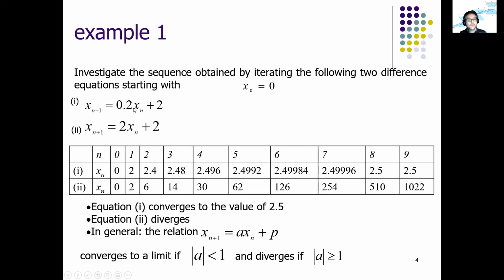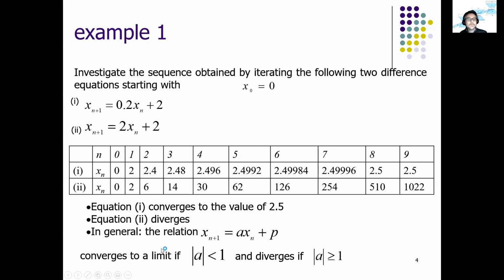So the first equation will allow the sequence to converge to one value, the value 2.5, as you can see in this table. The second sequence, because of the different value of the weight, is going to diverge completely. So at each iteration, a new number is produced, and the node will not converge to a steady state, we say.